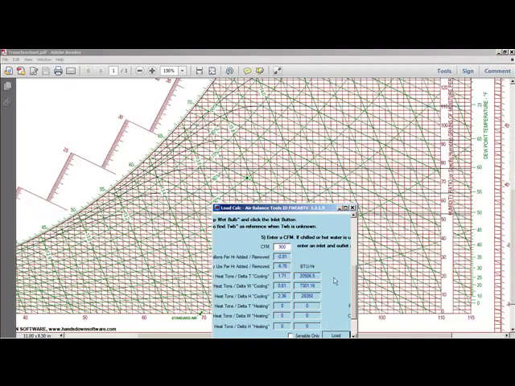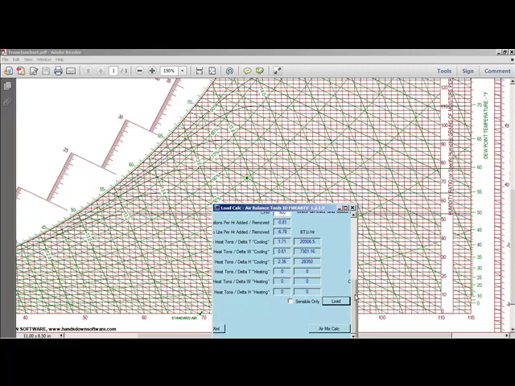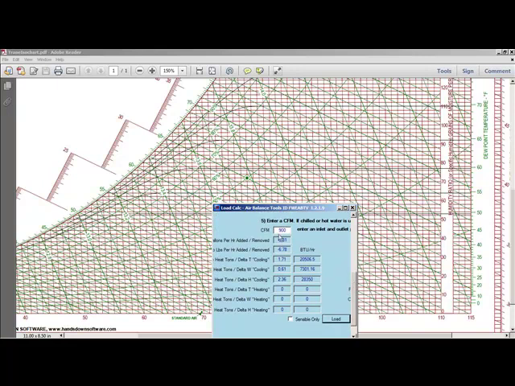So at this point, it looks like our difference in grains, at 900 CFM, we're removing 0.81 gallons per hour, and that would be about 6.78 pounds per hour in H2O.